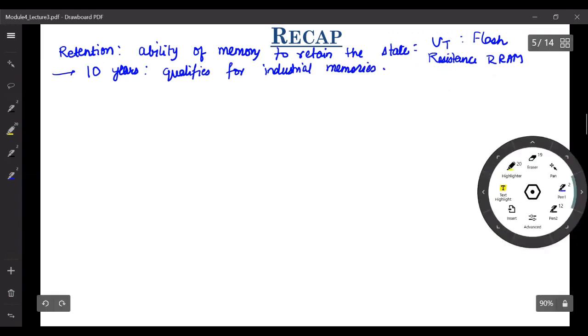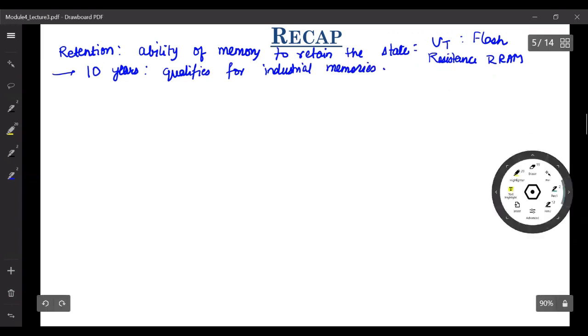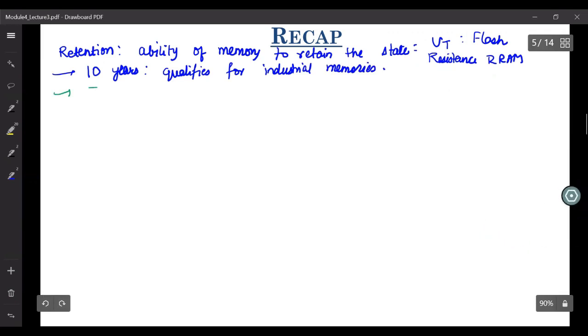Now, in flash memory, what exactly is happening is your floating gate has charges, right? Floating gate stores charges, and your memory state is a function of the amount of charge being stored in your floating gate. The problem is with scaling, the gate scaling.